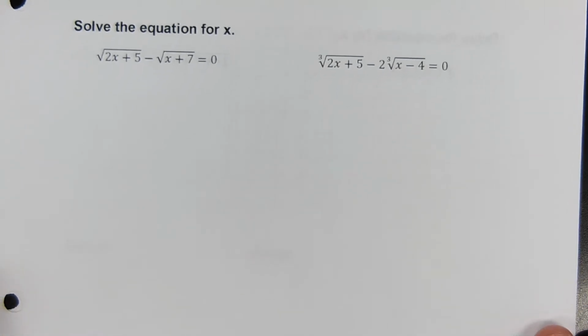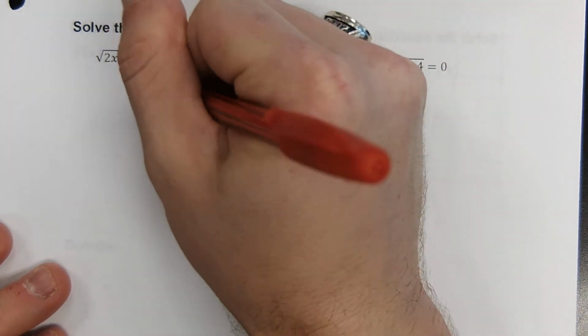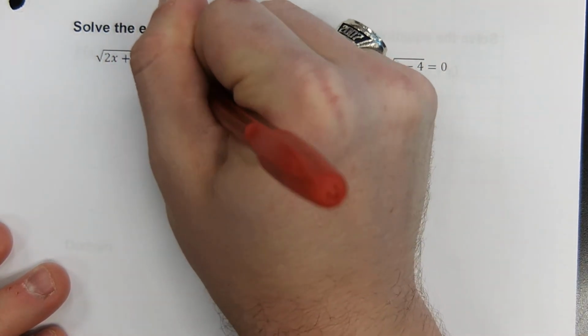We know that minus sign is the problem because we know squaring would get rid of the radicals. What do you think? Yeah, if we move one of the radicals to the other side, then we could square both sides and we would cancel both square root bars. Good. So let's go ahead and move the square root of x plus 7 to the right side.